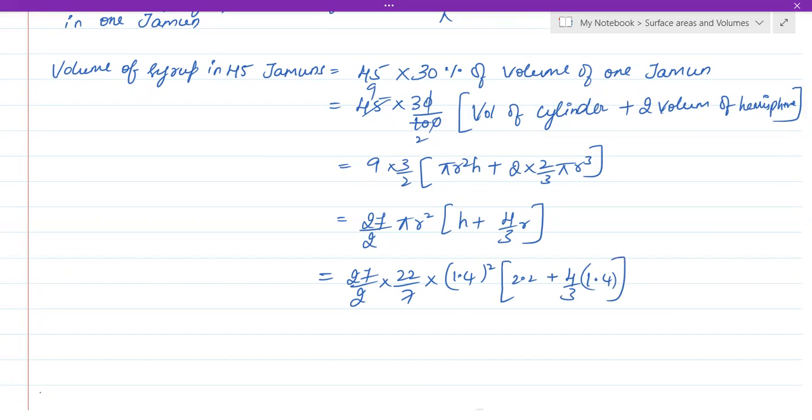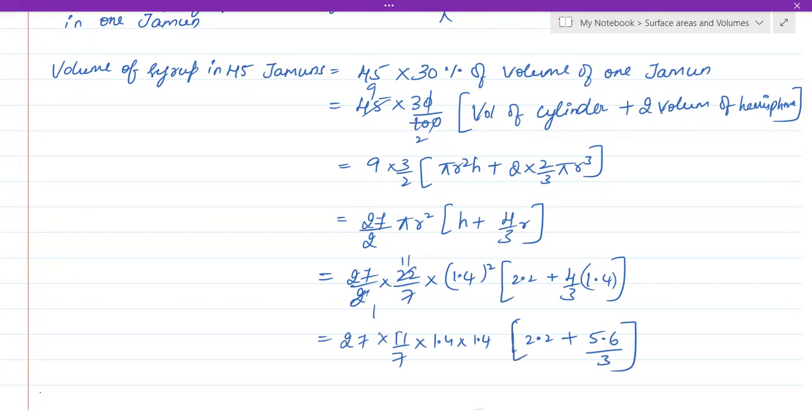Okay. So 2 ones are 2, 11s are 11. So it becomes 27 into 11 by 7. 1.4, the whole square can be written as 1.4 into 1.4. 2.2 as it is. 4 into 1.4 becomes 5.6 by 3.